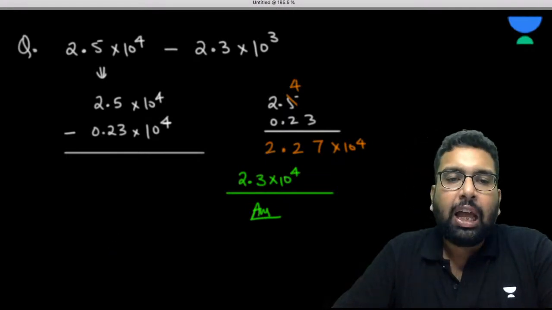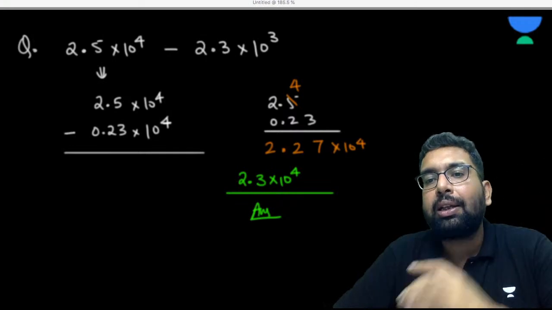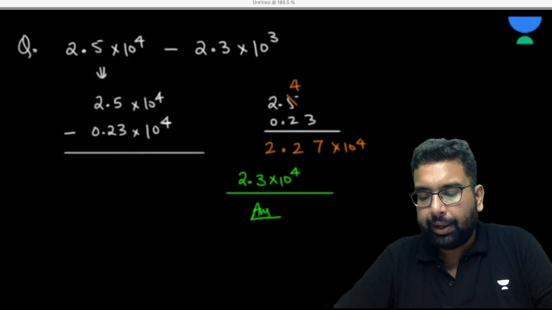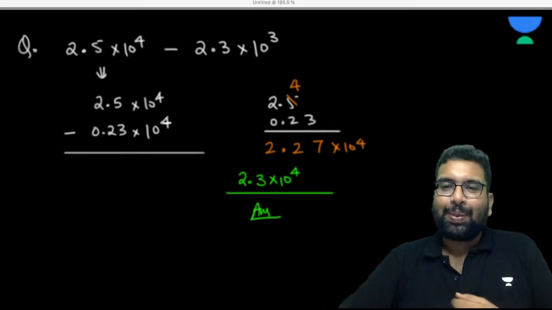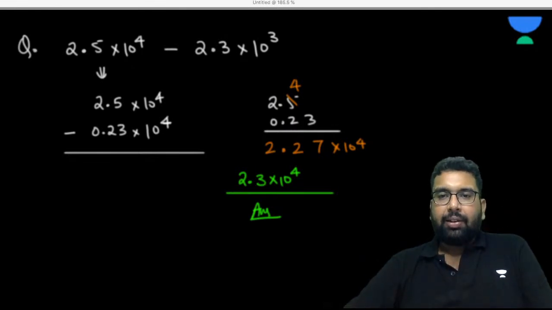So guys, remember, this is going to be used in the next topic, that is error and its analysis as well. Now the addition and subtraction is done. There can be n number of problems that you can do.